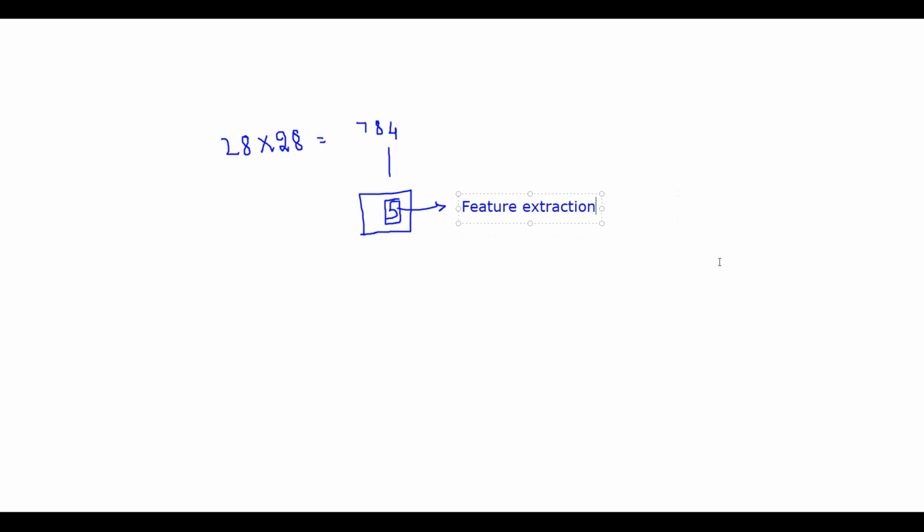These are all certain algorithms that do this exact thing for us. We provide an image, and these algorithms extract the key features and return the key features as a vector of numbers.